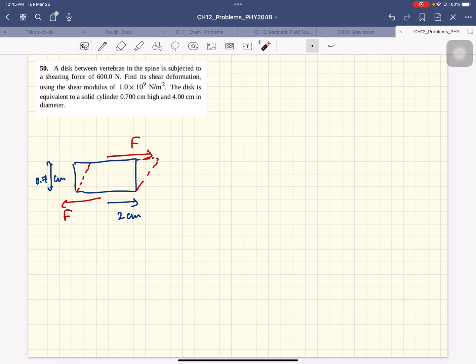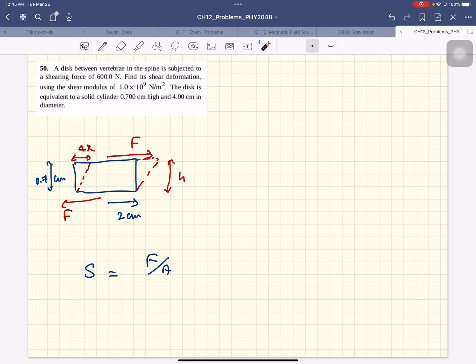So what is the question? Find its shear deformation. So what they want you, this is delta x, and this is height. So the shear modulus is given by force divided by area.